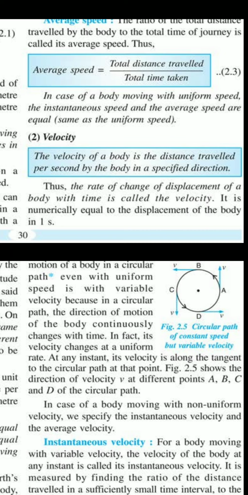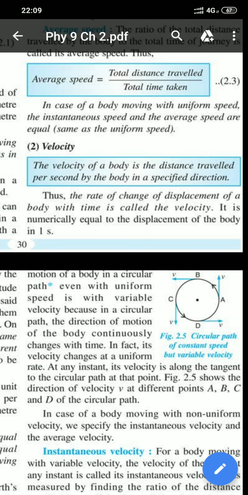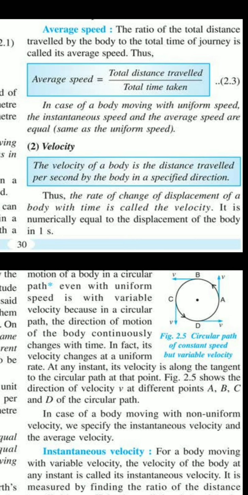See figure 2.5, a body is taking a circular path. So in a circular path, a body has a constant speed, but direction is changing at every moment. Can you see at point A? In a circular path, the tangent shows you the direction of speed. At A, can you see the tangent drawn with the blue arrow?